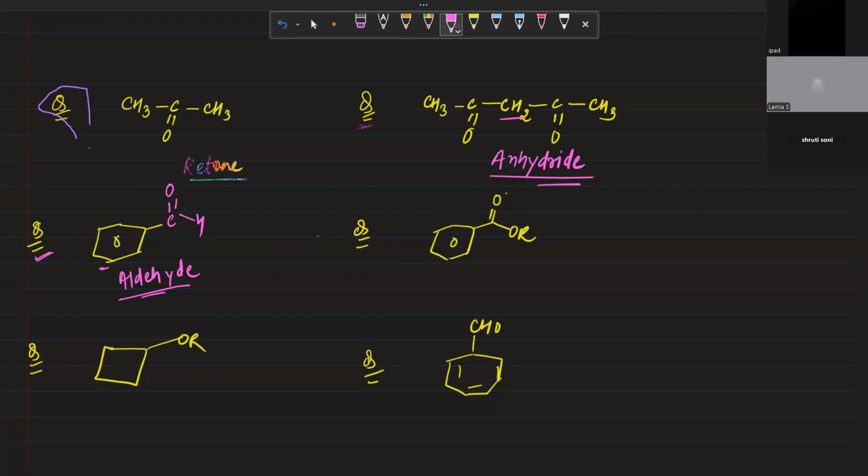Then tell me the fourth one. Hold on, I think this would be, one second, not a carboxylic acid. It's not that. Would it be an ester?